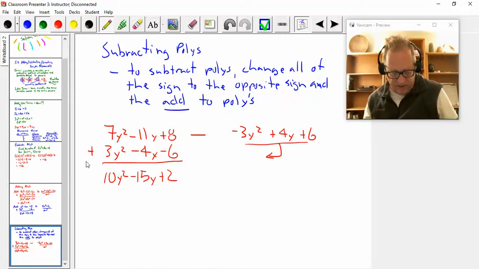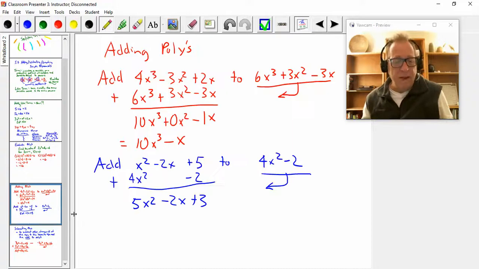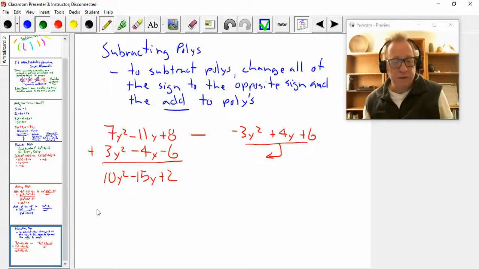Let's do another. Where's a tricky one? None of them are tricky, but let's do this one. Oh, this one's a little tricky. Whoopsie.